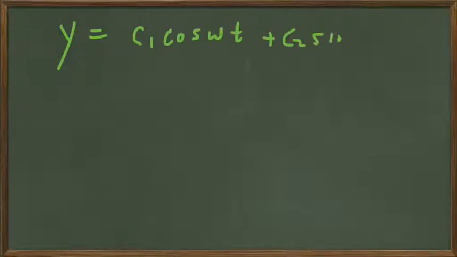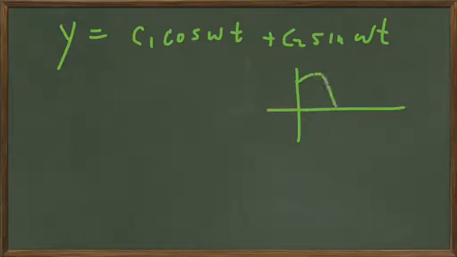Let's just do a quick recap here. The solutions that we get if we have no damping would be C1 cosine omega t plus C2 sine omega t, solutions that just keep oscillating back and forth because there's no damping or friction.